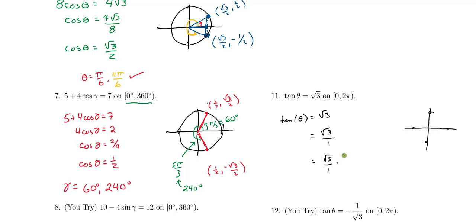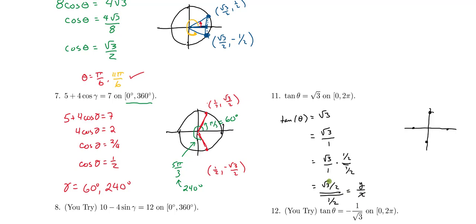Then let's go ahead and multiply it by 1/2 divided by 1/2. Why did I do that? Because I want to introduce these divided by 2's. So this gives me the square root of 3 divided by 2, all divided by 1 divided by 2. Now if I think about this in terms of my, careful, it's tangent, so it's the ratio of y over x. This does look like unit circle values.